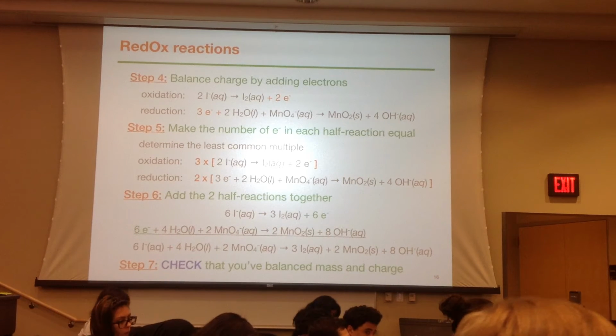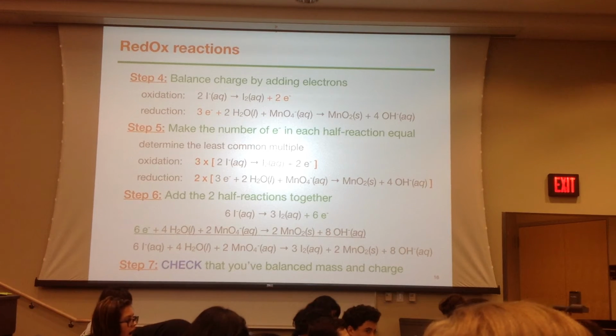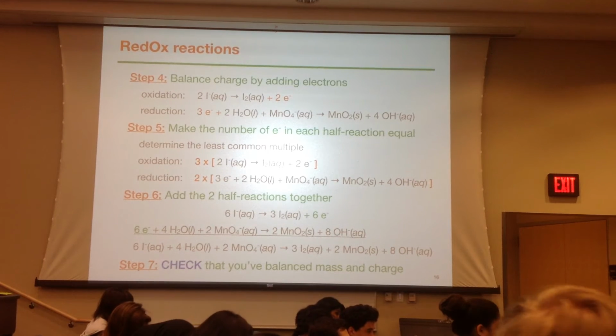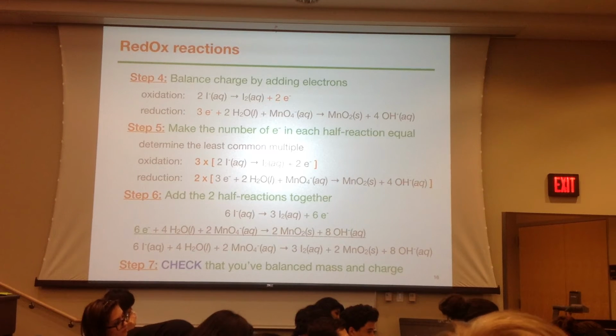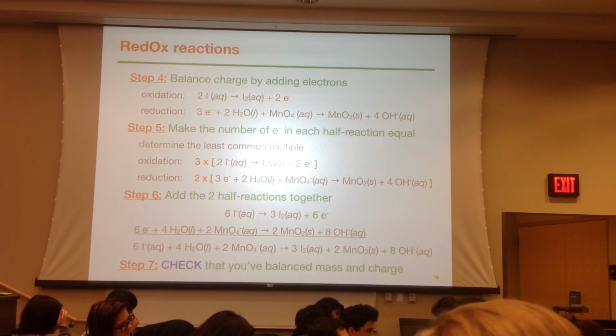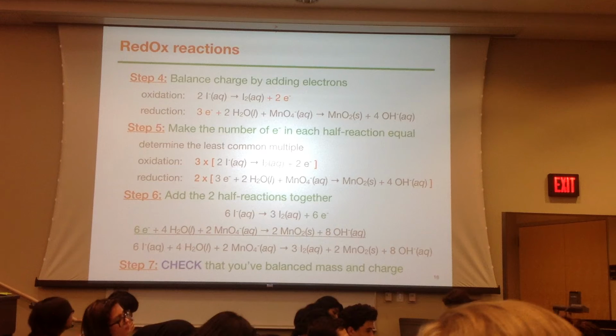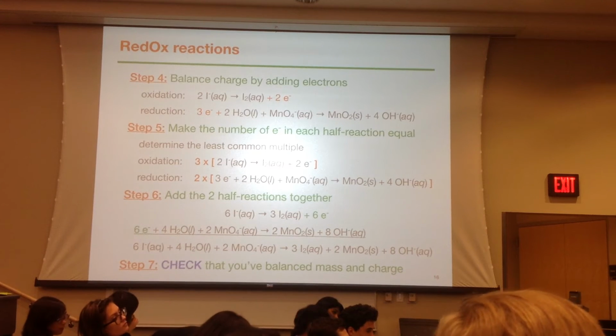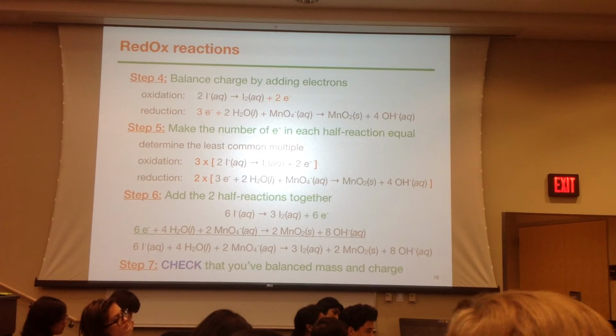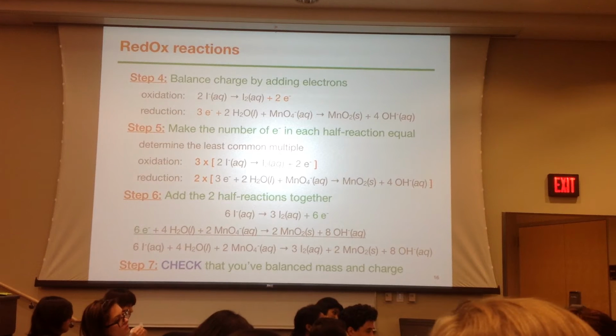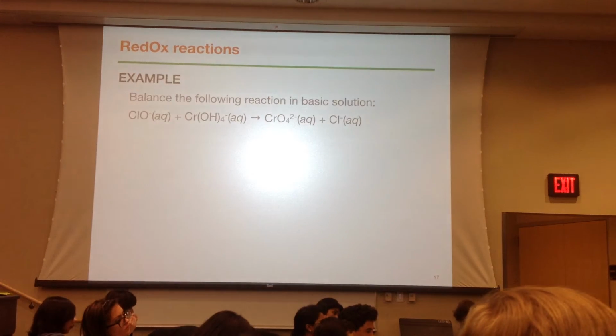And that's balanced with respect to mass. Check charge. 6 times a minus 1 is a minus 6. 2 times a minus 1 is a minus 2. That's a minus 8. And then we have 8 hydroxides. So we have a minus 8 on both sides. Charges are balanced.